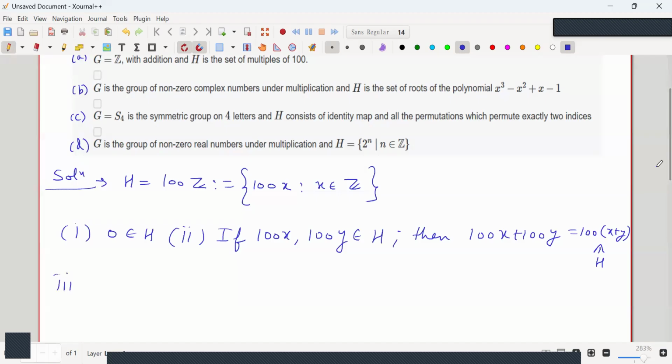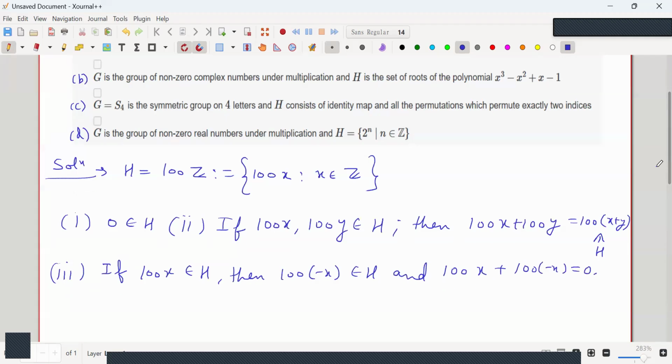The inverse is just 100 times minus x. If 100x belongs to H, then 100 times minus x belongs to H, and their sum gives us 0.